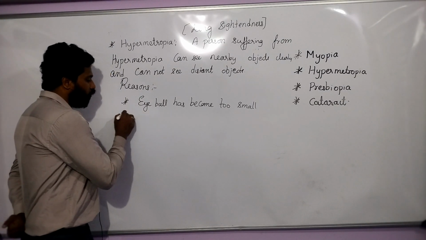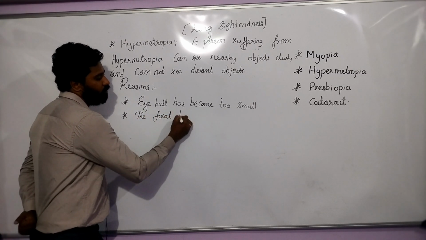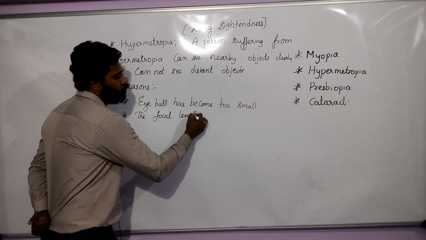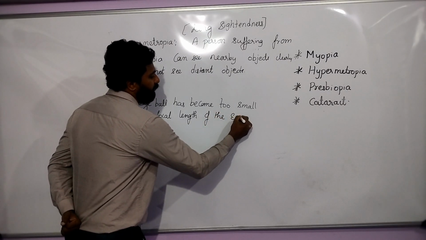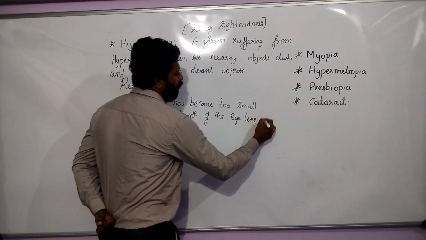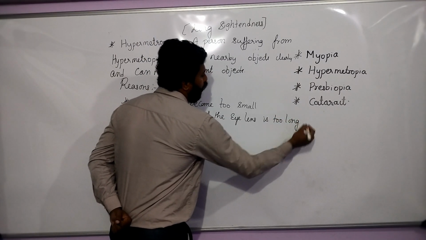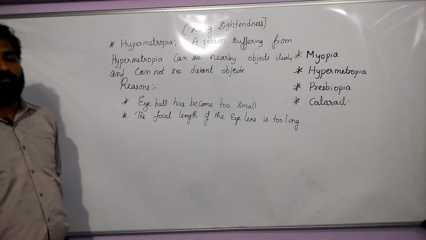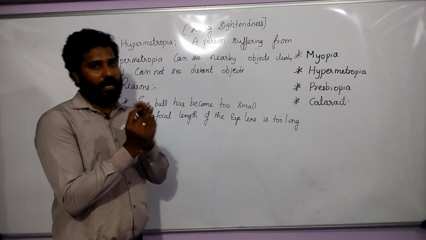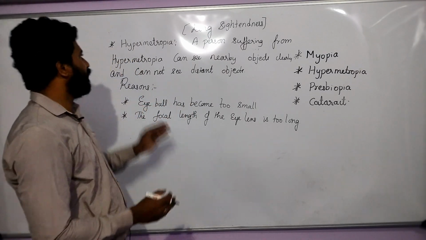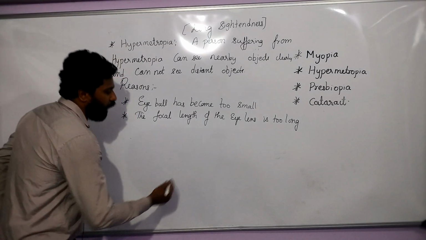Another reason is that the focal length of the eye lens is too long. If they have a longer focal length or a shorter eyeball, then they are suffering from a defect called hypermetropia.